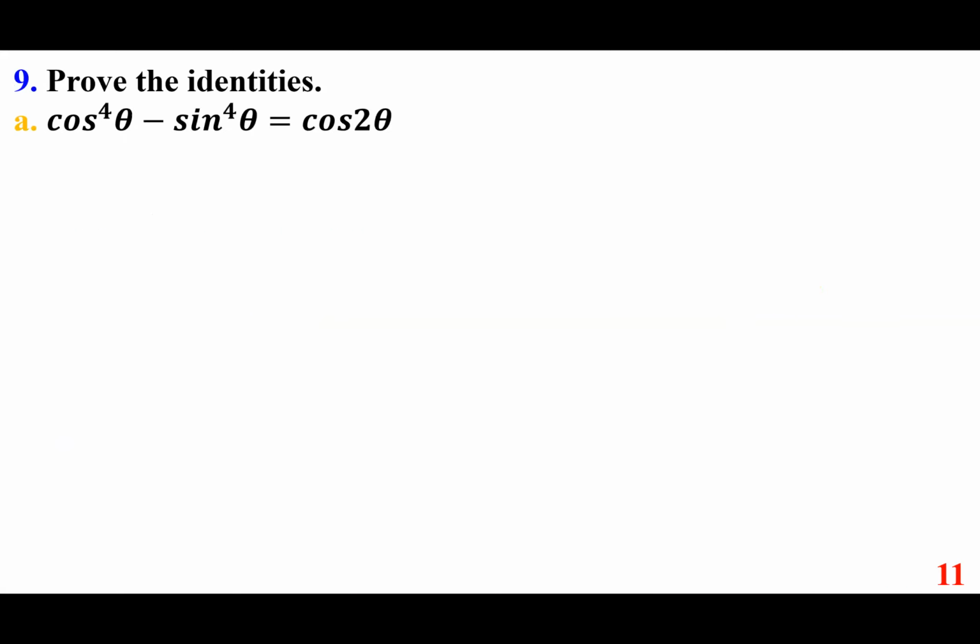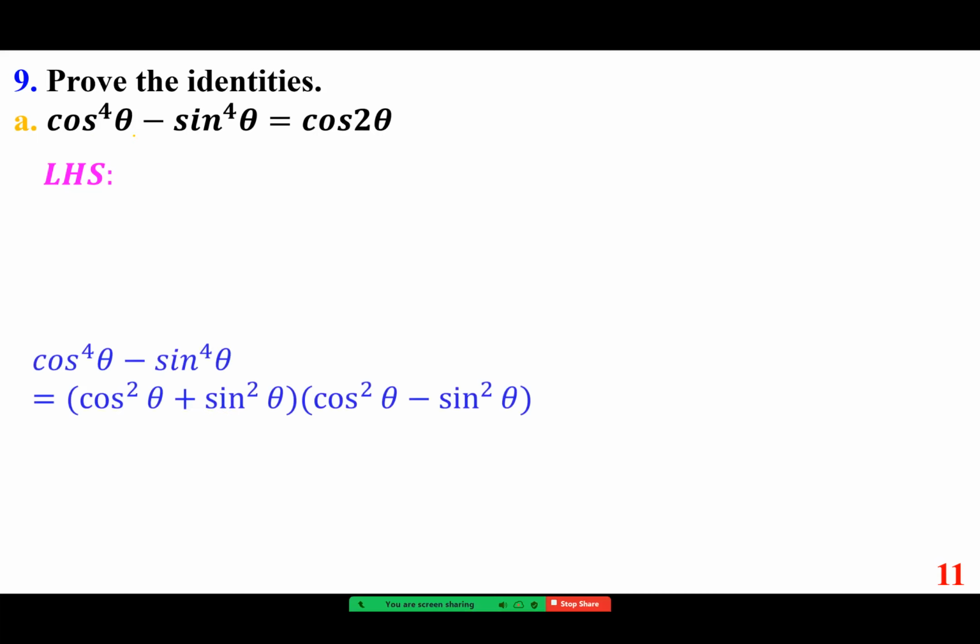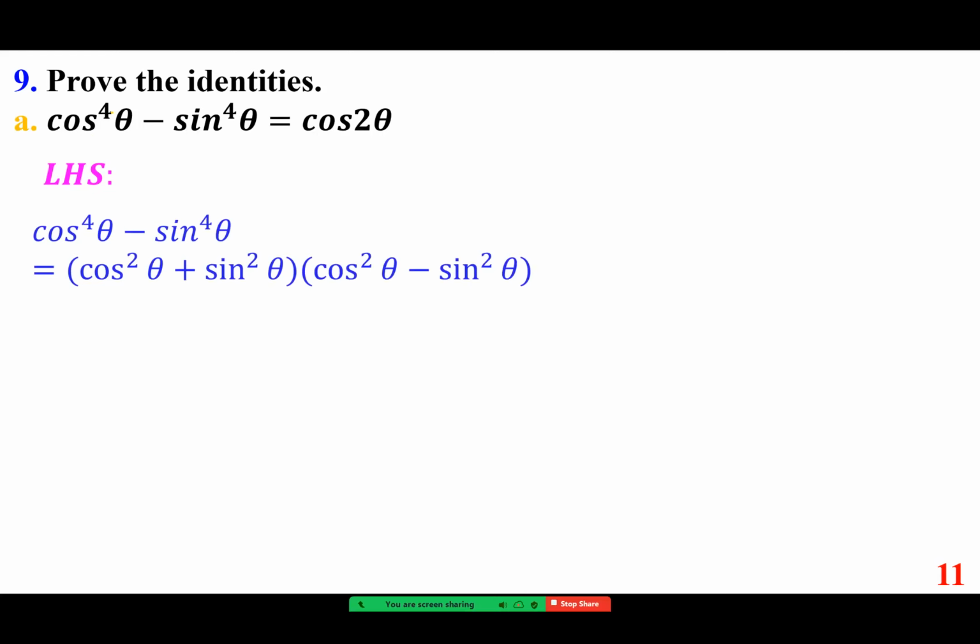All right, let's look at this example. We want to prove that cosine to the power of 4 minus sine to the power of 4 is cosine of 2 theta. And clearly we start with the left-hand side, which is a more complicated side. And this is a squared minus b squared. So cosine squared plus sine squared times cosine squared minus sine squared. I hope you can see that 4 is an even number, and therefore you can go with a squared minus b squared is a plus b times a minus b.